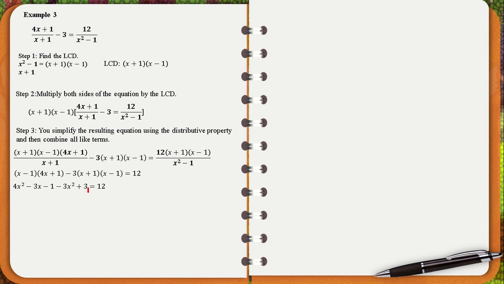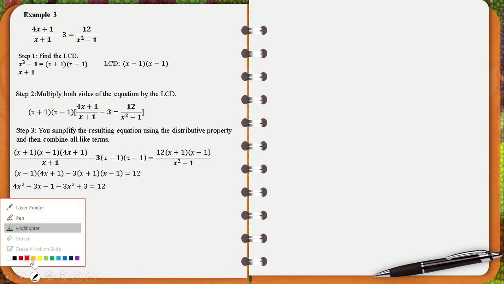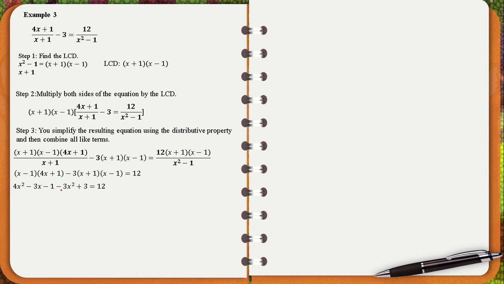Okay, next. Ito namang negative 3. Yung namang negative 3 times, maalala nyo, itong x plus 1, x minus 1, equivalent yan sa x squared minus 1.